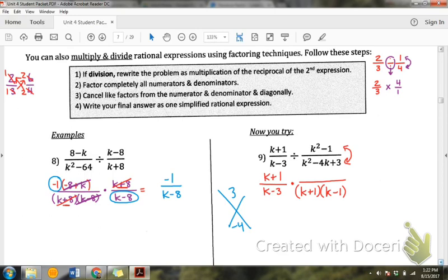I'm sorry, I can't hear you when you're mumbling. What did you say? -3 and -1. Okay? So, because it's just K, the coefficient's 1, I can write this as K minus 1, K minus 3.